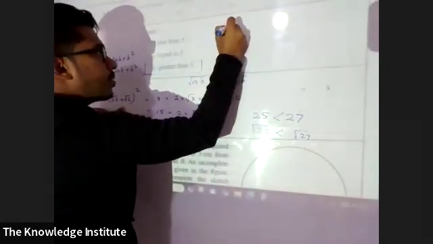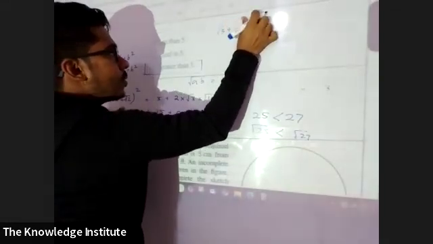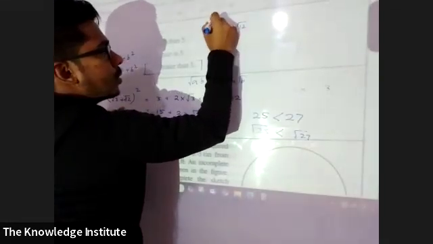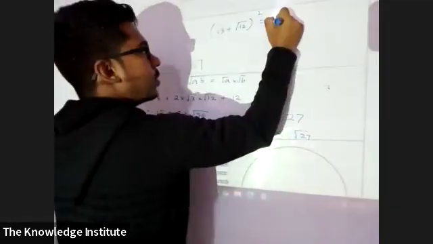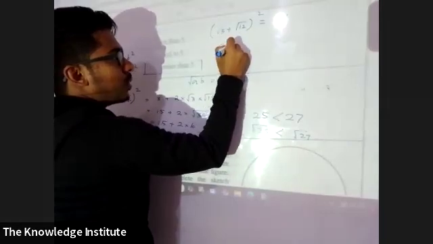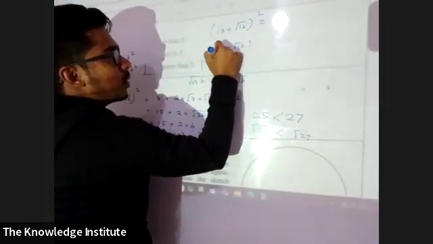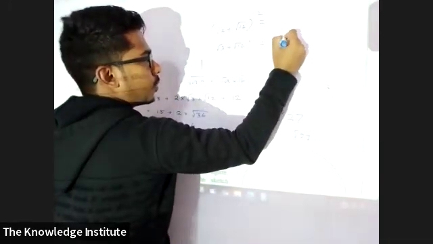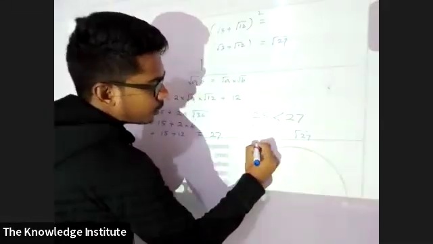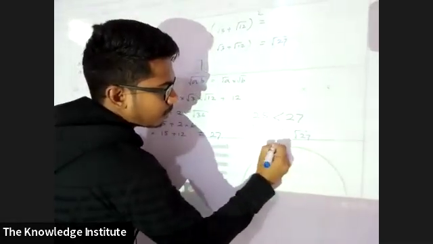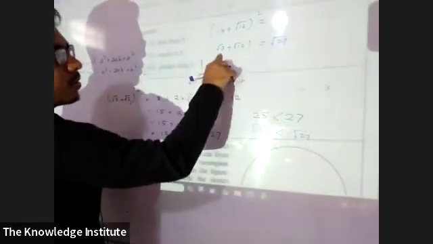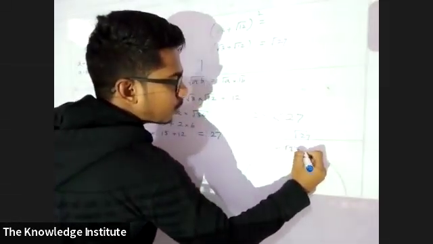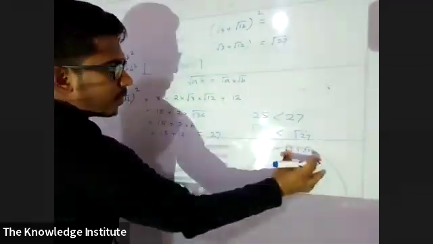Now root 3 plus root 2, squared, is equal to 27. Therefore root 3 plus root 2 equals square root of 27. So therefore 5 is smaller than root 27, which is root 3 plus root 2. So therefore this value is greater than 5.